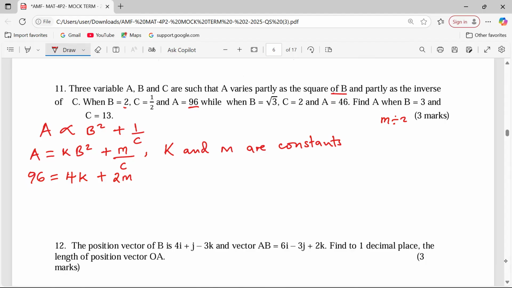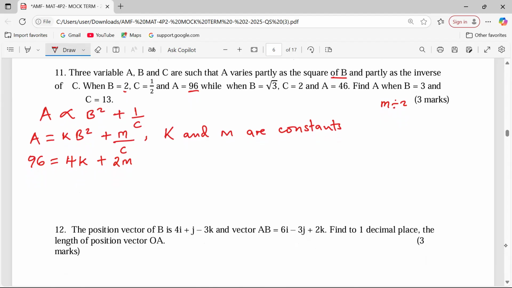What about the second case? The second case says this. When B equals root 3, C equals 2, and A equals 46. So A equals 46, we start by replacing: 46 equals K times B squared.